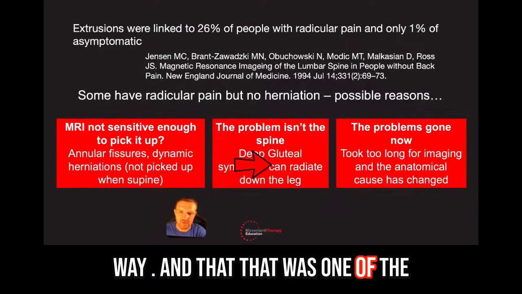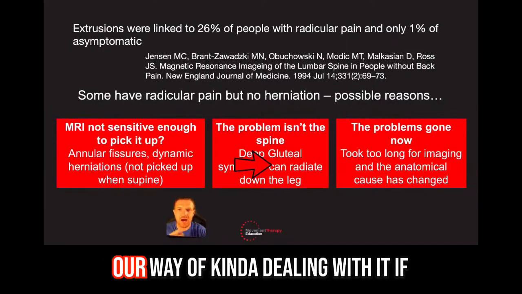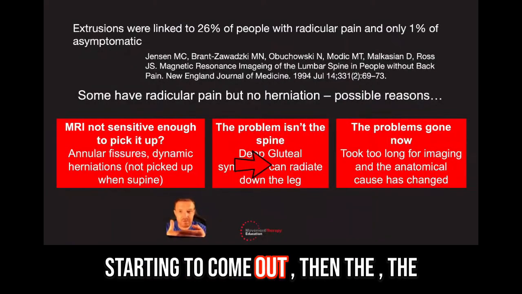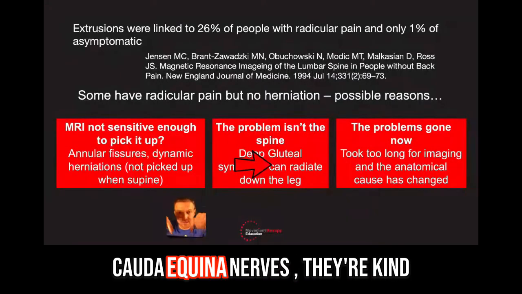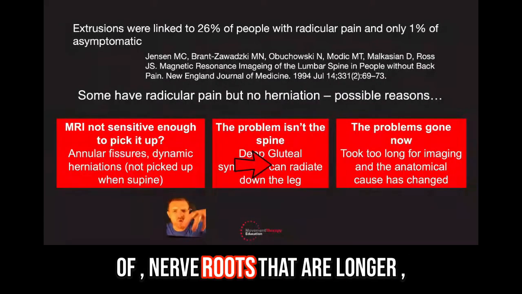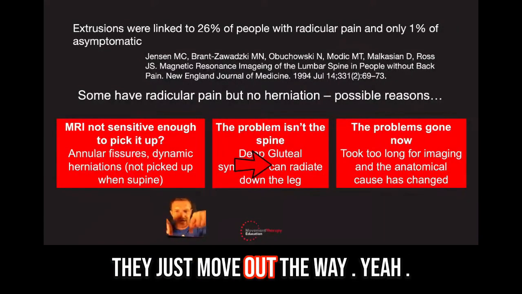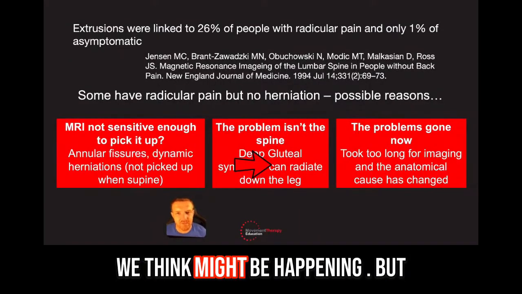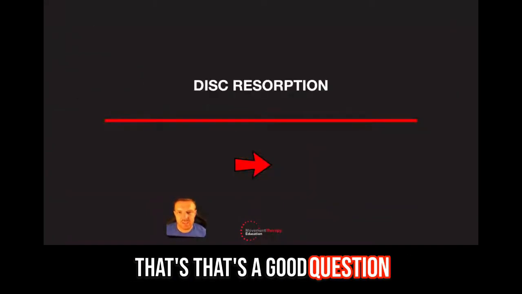And that was one of the things that was mentioned with our way of dealing with it. If it's slowly starting to come out, then the cauda equina nerve roots, which are longer, just move out of the way. Yeah, so that's one of the things that we think might be happening. But that's a good question.